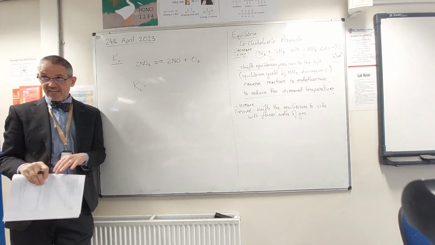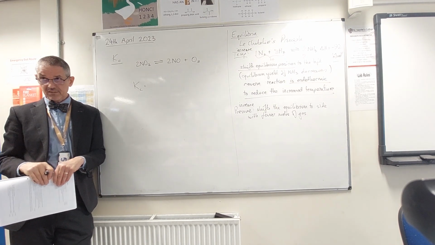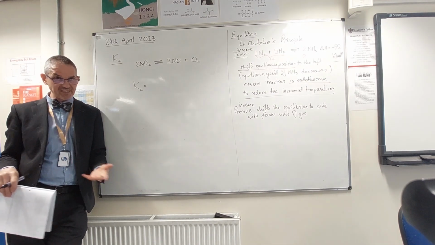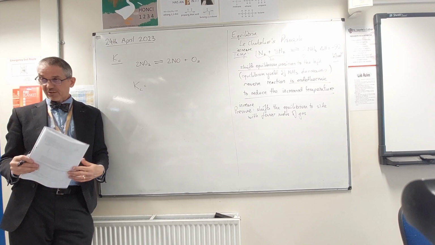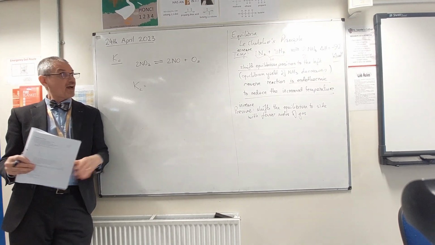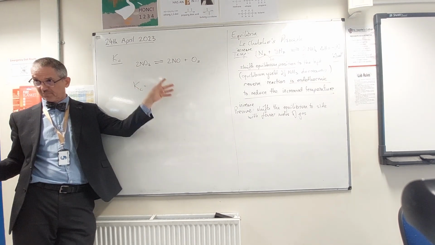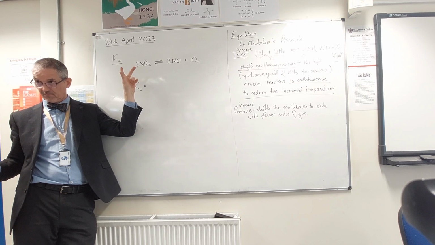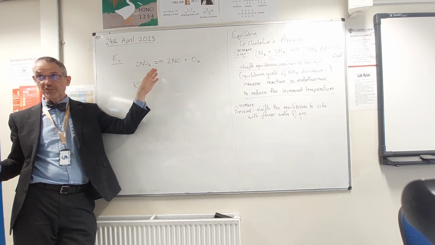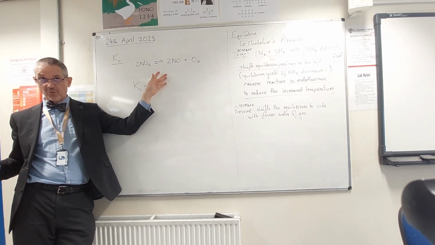So what is Kc? It's the equilibrium constant. How would I work it out? You do NO squared. No, that's at the bottom. No, NO squared is right. Products on the top, that's the first thing to remember.